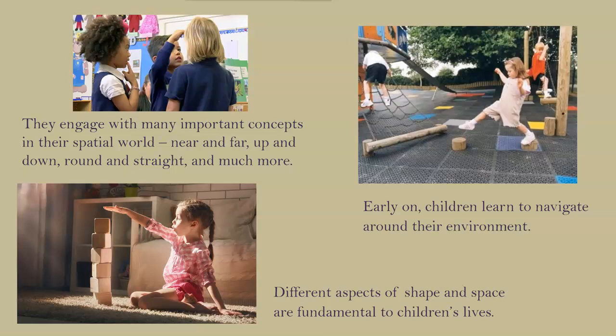Those children measuring each other, comparing each other. Children engage with these concepts constantly. Is it near? Is it far? Is it up and down, straight? These different aspects of spatial relationship are very fundamental in children's everyday awareness and everyday interactions.